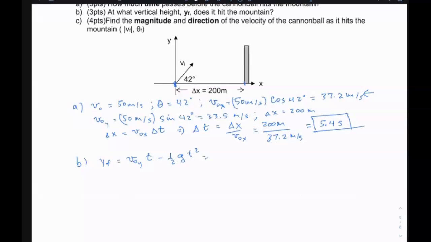So I put in these numbers. That's 33.5 meters per second times the time, which we just determined in part A, minus 1/2 times 9.8 meters per second squared times the time, 5.4 seconds, squared.